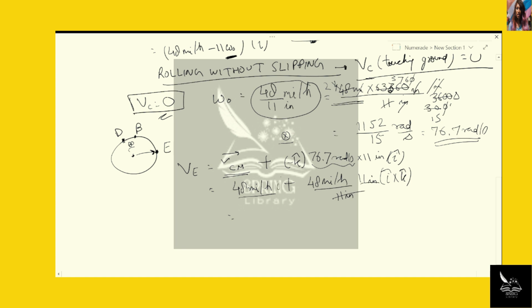Your final answer becomes 48 miles per hour I plus 48 miles per hour. I cross K is minus J. So it's 48 miles per hour, I minus J.